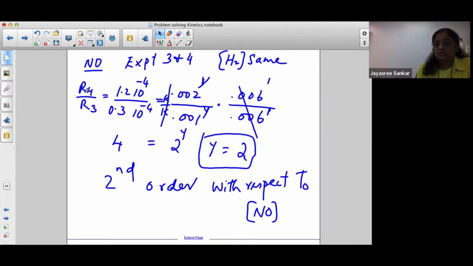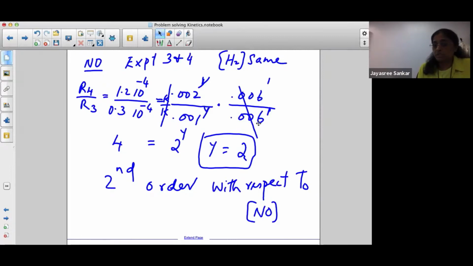I kept R4 over R3 because the R4 value is larger: 1.2 times 10 to the power minus 4 divided by 0.3 times 10 to the power minus 4. I kept the rate law equation in the same format: K times 0.02 to the power Y times 0.06 to the power 1, divided by K times 0.01 to the power Y times 0.06 to the power 1.